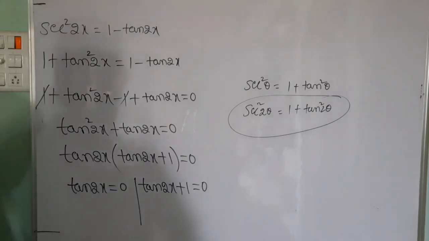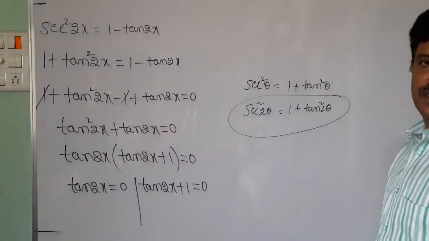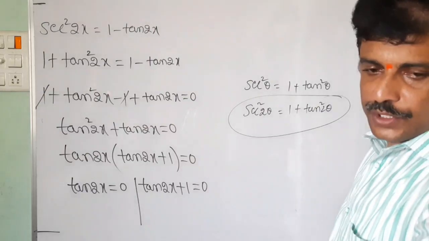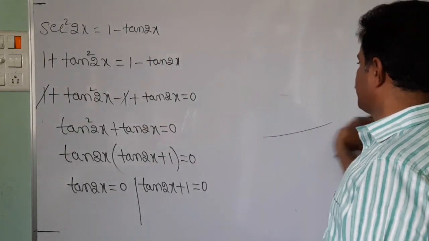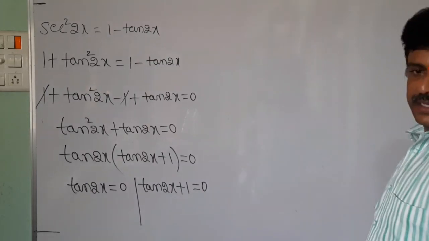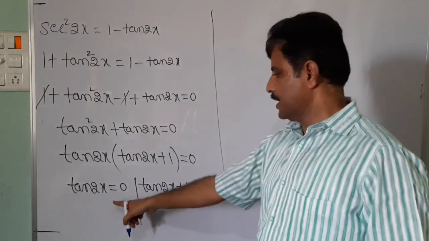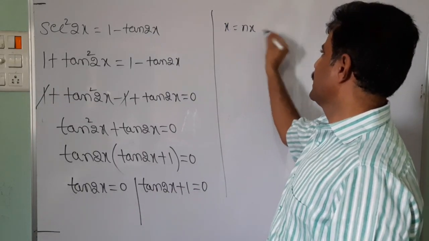So dear students, this is in the form of tan x is equal to 0. So we know the result: tan x is equal to 0, and the general solution is x is equal to n pi.